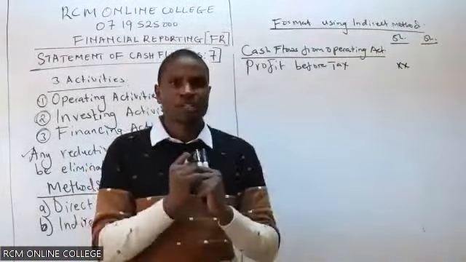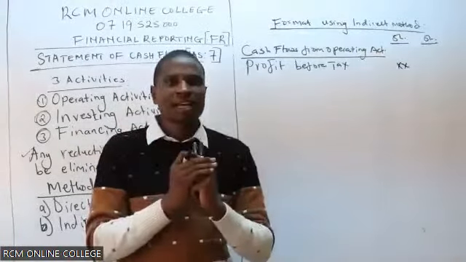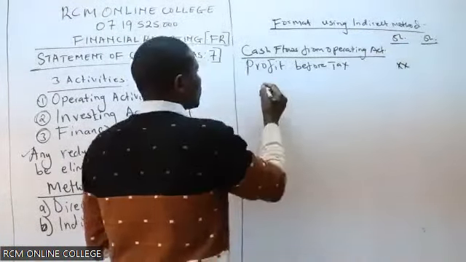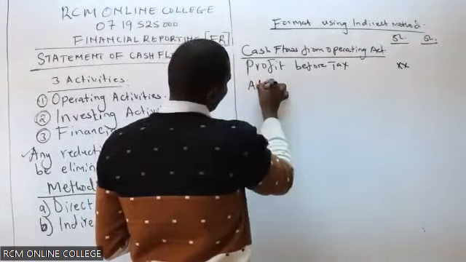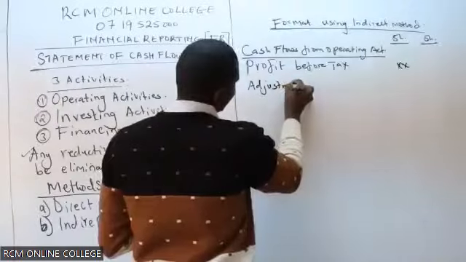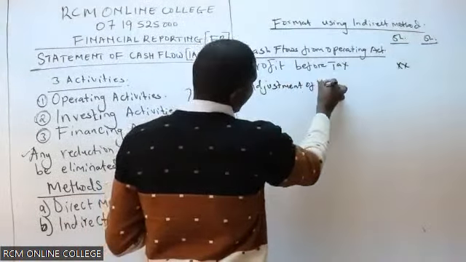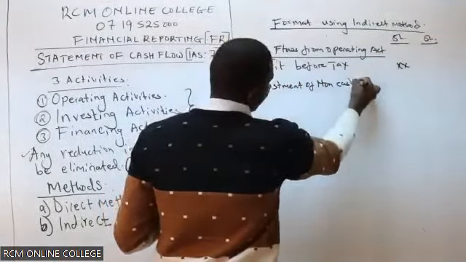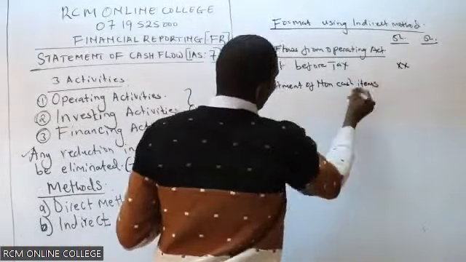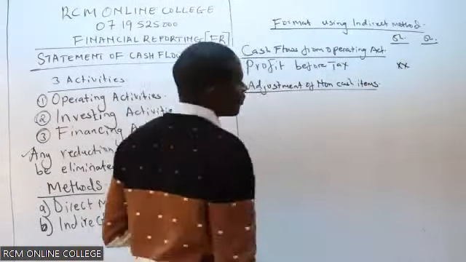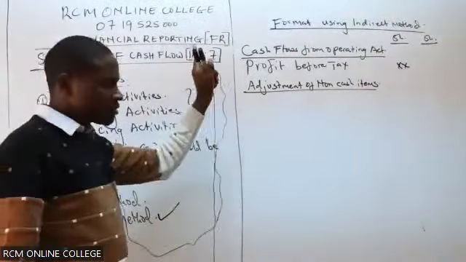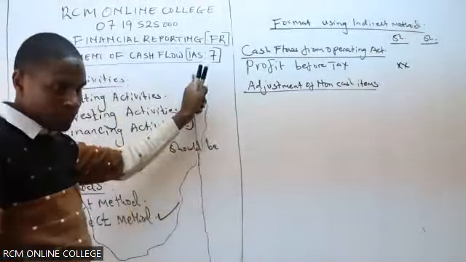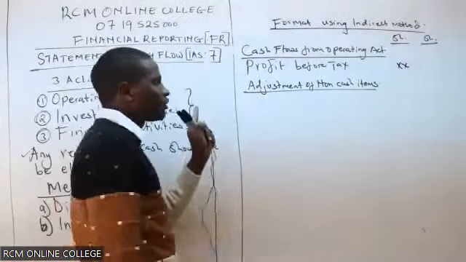Those items that are upward, we call them adjustment of non-cash items. This heading will not change. I am telling you that it will remain like this unless the standard is changed.